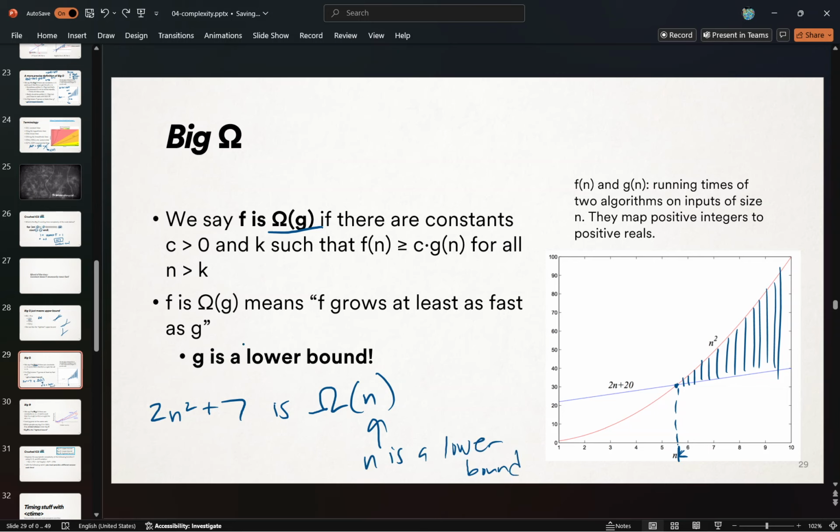You can also say, though, you can give a tighter bound if you need to get closer. This function is also big omega of n squared. Because if you draw both of them, we usually care about positive numbers, can't have negative sized inputs, then n squared is probably always going to be a little bit smaller, something like that.